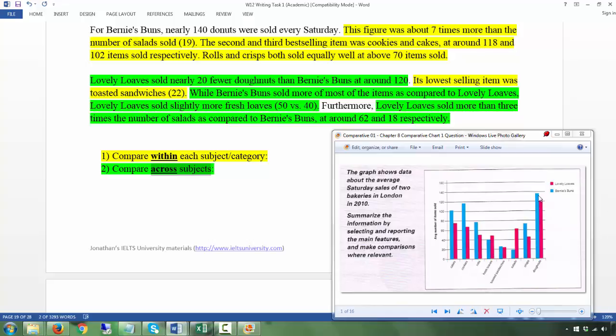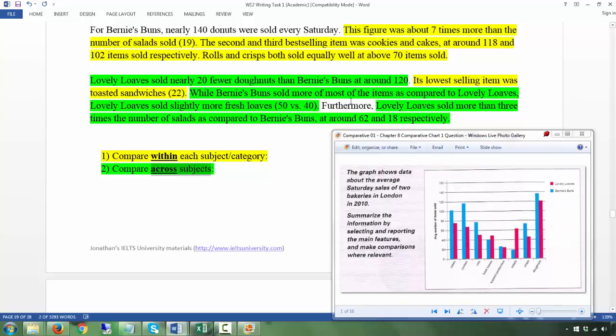You see, when I talk about taking note of the significant or the main features, here's a main feature and I'm pointing it out. In almost everything, Bernie's Buns sold more than Lovely Loaves, except Lovely Loaves sold slightly more fresh loaves, 50 to 40.